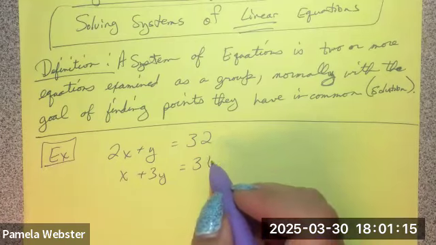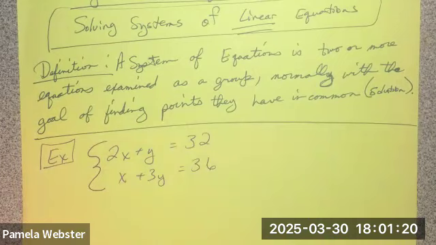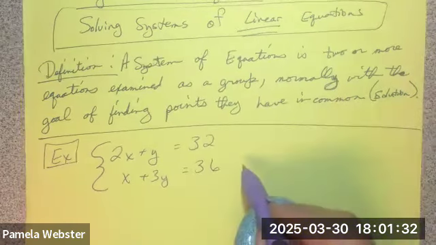First of all, normally we're going to have this curly bracket out in front of those that tells us this is a system of equations. For sure, when we see that curly bracket, we know that. Not always. Sometimes they'll just hand out two little equations and say, here's a system.